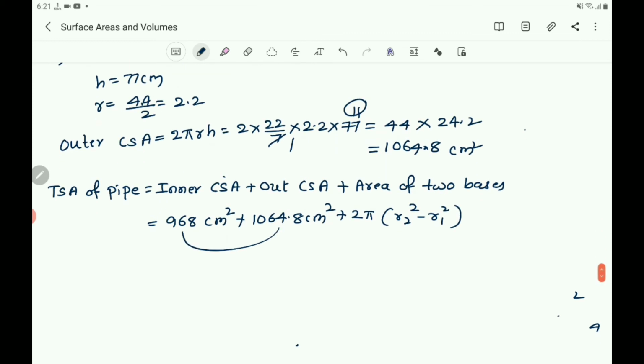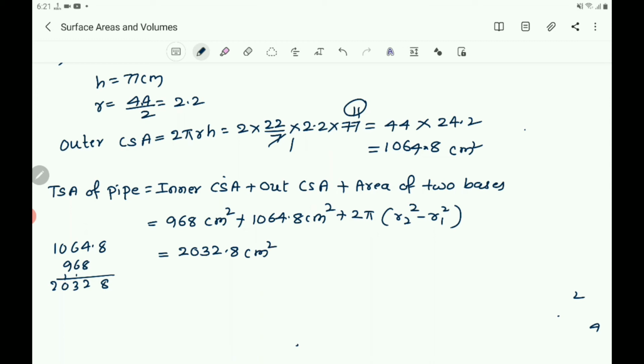Then you add these two, 1064.8 plus 968: 8, 8 plus 4 12, 6 plus 1 7 plus 6 13, 9 plus 1 10. So you will get 2032.8 cm square.